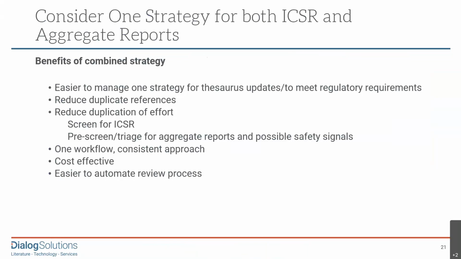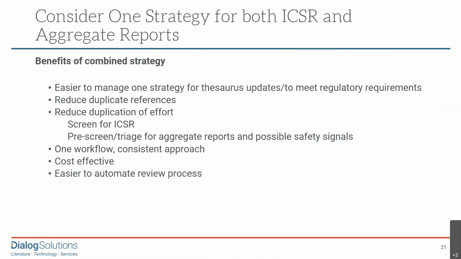So if you have one set of references from one strategy, it is possible to use an ICSR resource, which tends to be less expensive than a medical safety specialist. And the ICSR resource could pre-screen or triage the results for aggregate report criteria and possible safety signals. This could result in the more expensive medical specialists only having to review 60% of the references.